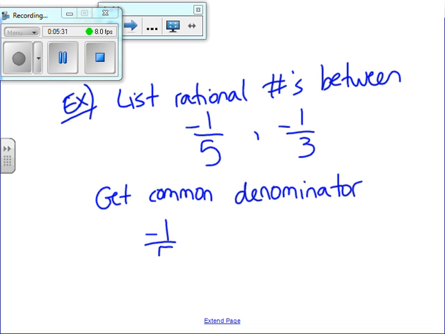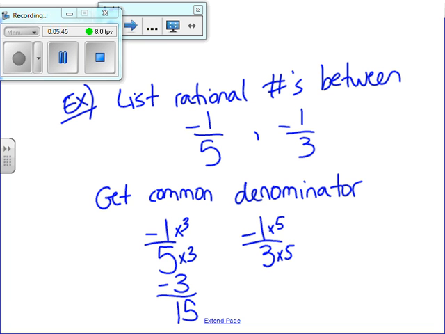If I look at a common denominator for 5 and 3, I know that's going to be 15. If you are struggling with remembering how to get common denominators, you need to get help on that right away, because I'm going to have to assume that you actually know what that is, because that's from a lot of years ago. So now I've got -3/15 and -5/15.